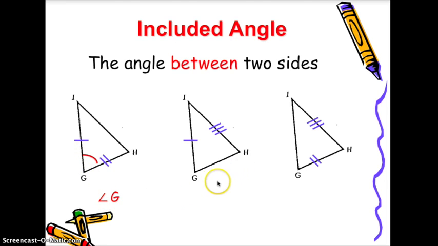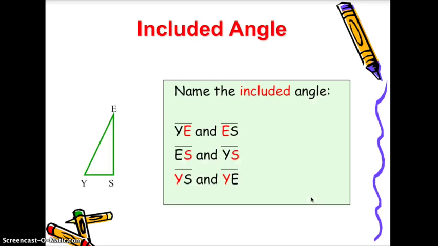In the next picture, the included angle is where this side GI touches the side HI, which is up here at the top at I. And the included angle for this one would be where the side IH touches GH over here at H. So that is what it means to be the included angle.